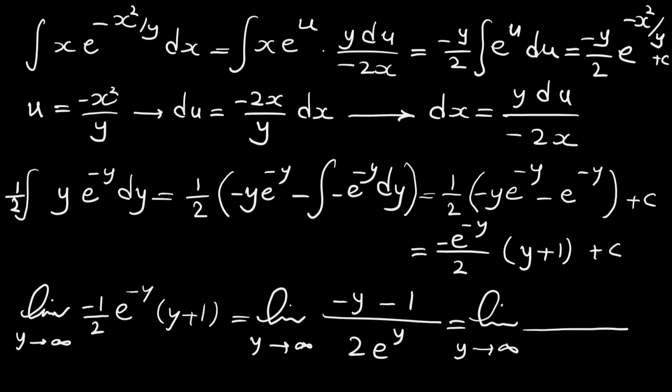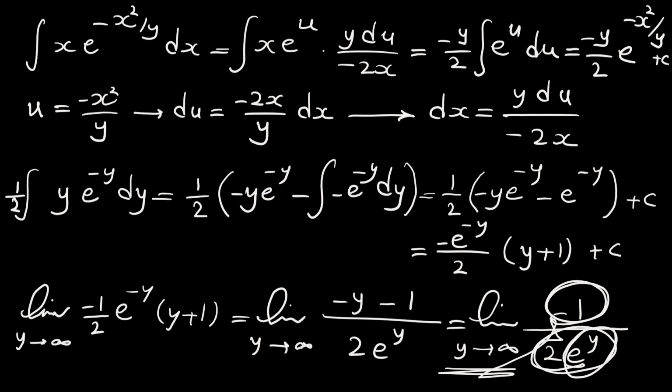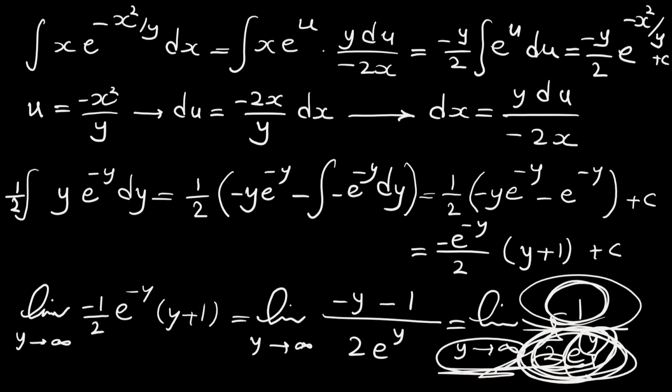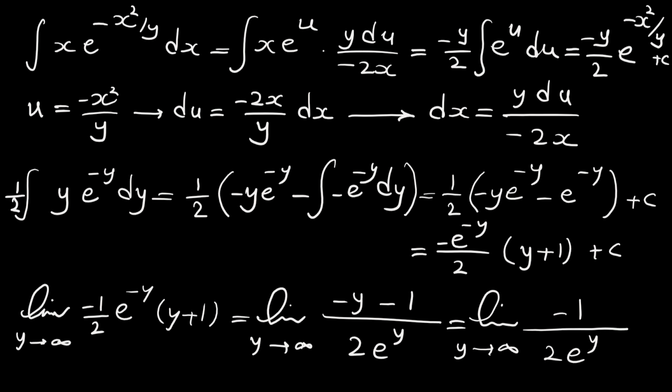The derivative of negative y is negative 1. The derivative of the denominator is 2e to the y. Now y goes to infinity, the numerator is a number, the denominator is an exponential function, and y goes to infinity. So the denominator approaches infinity. A number over infinity is 0. So this limit is 0 as we expected.